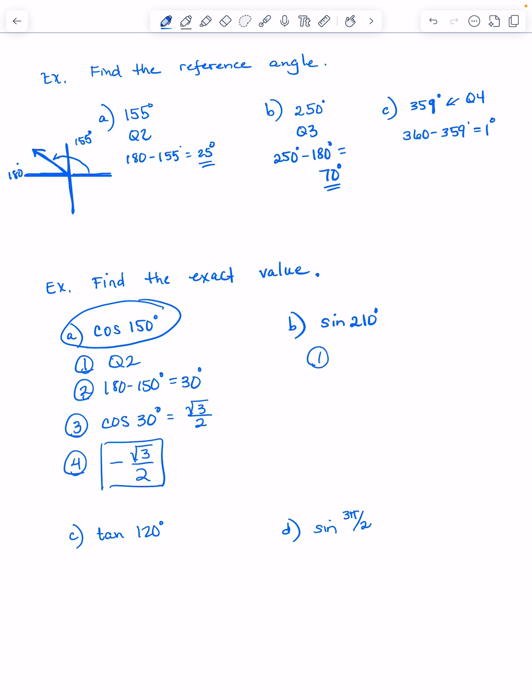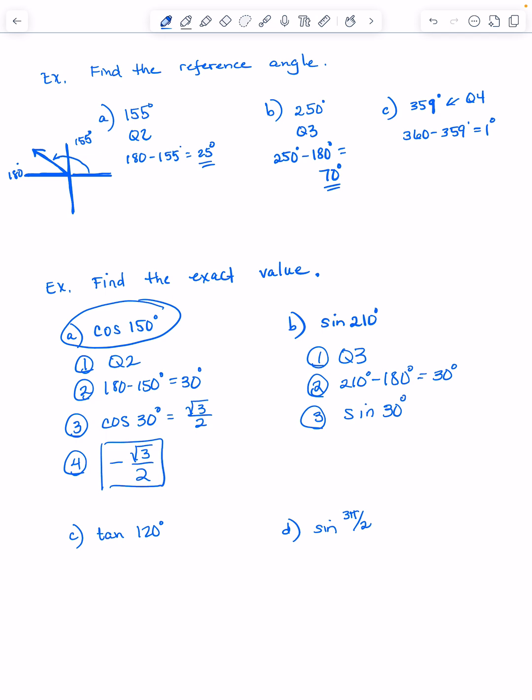Okay, going on, the second one I'm going to do is the sine of 210 degrees. All right, so that is in quadrant 3. To find the reference angle, I do 210 minus 180, which is 30 degrees. So I'm looking for the exact value of the sine of 30 degrees.